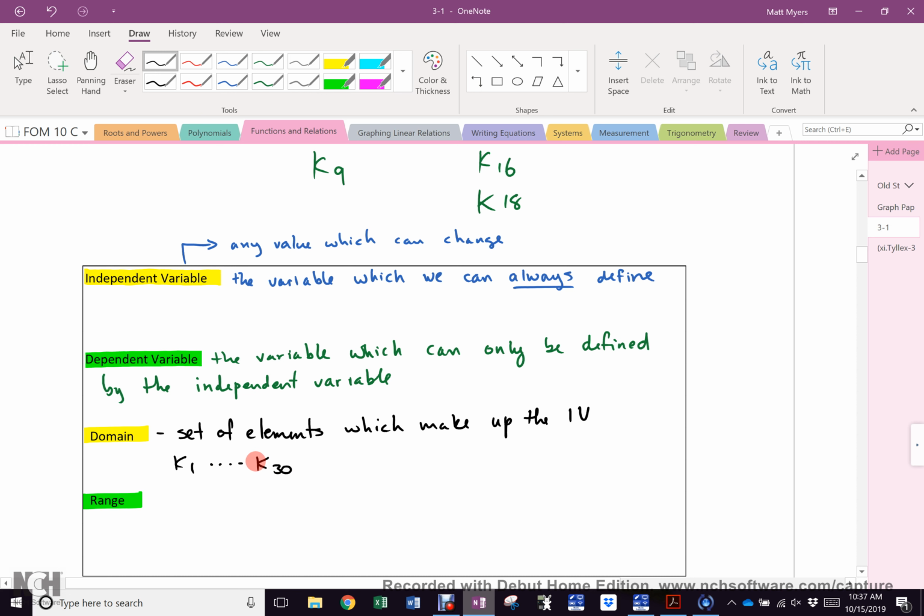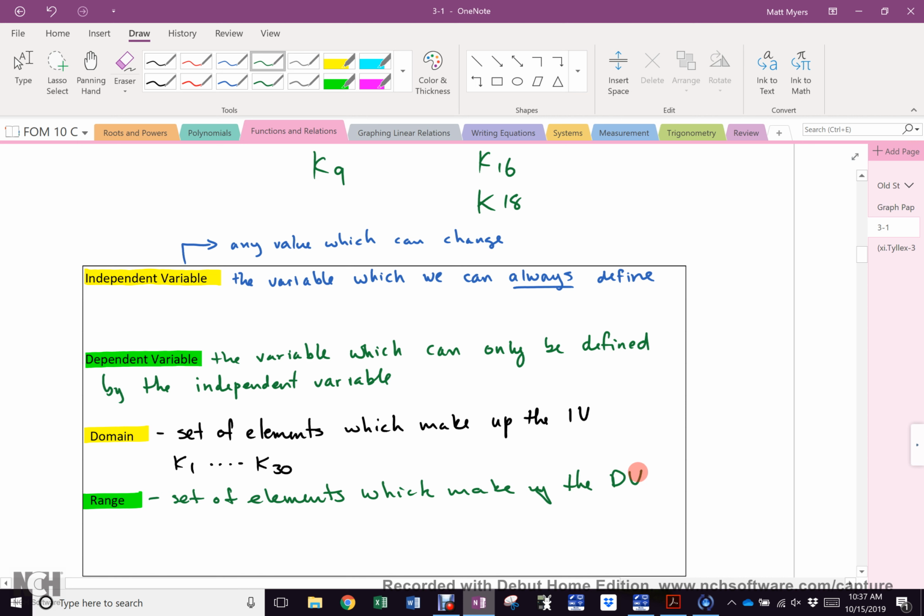Does everybody understand? Because we decided, we understand why, that the name depends upon the kid in the desk, right? Okay. So what's obviously range then? Right, the set of elements which make up the DV.